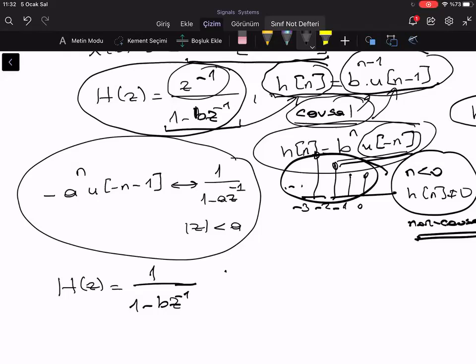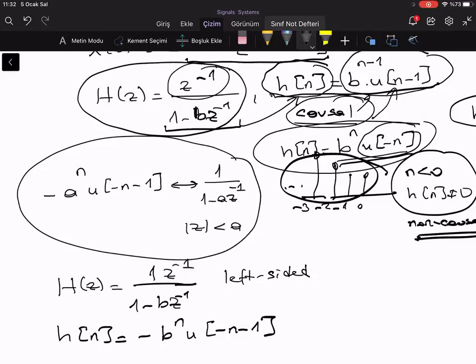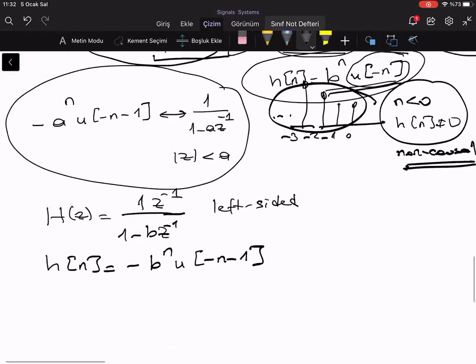If this is a left-sided sequence, minus b to the power n u minus n minus 1. So if I add z to the power minus 1 here, how will my function change? B n minus 1, u minus n.